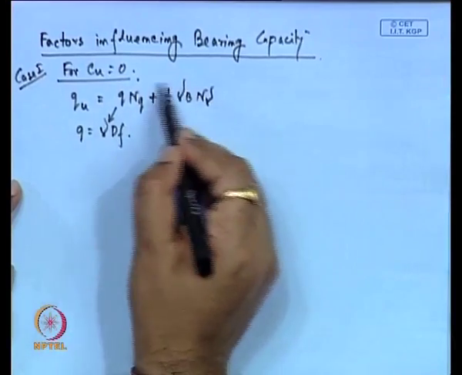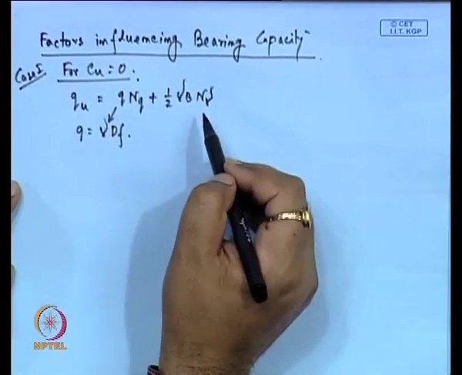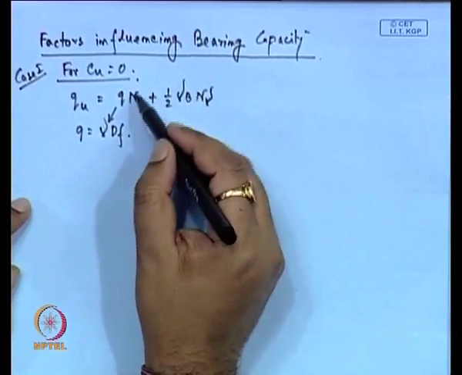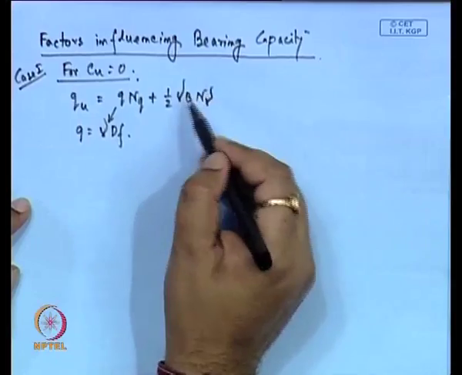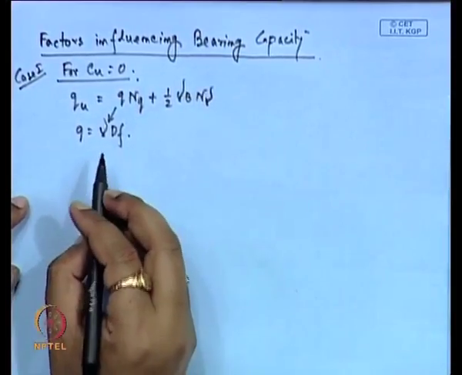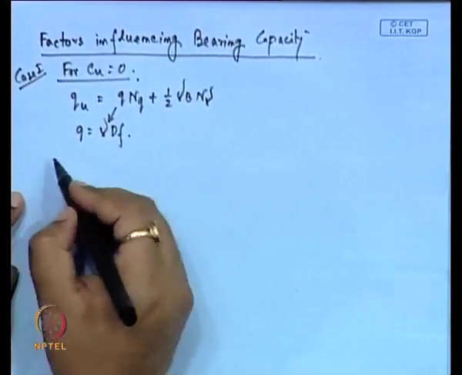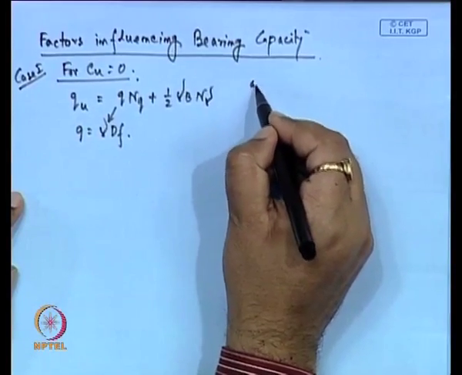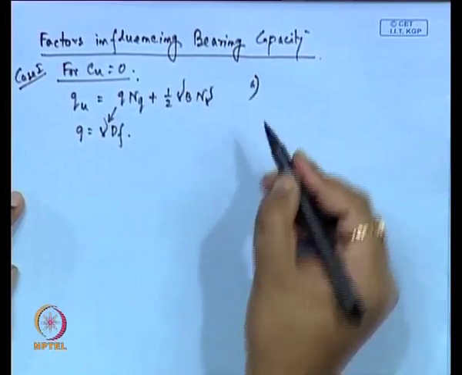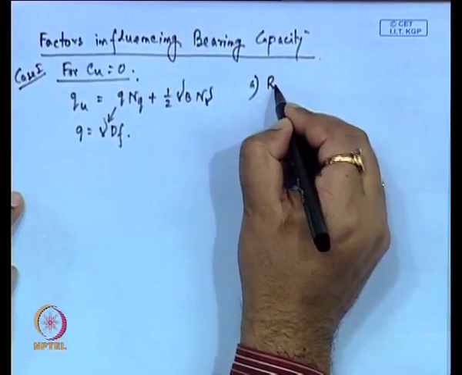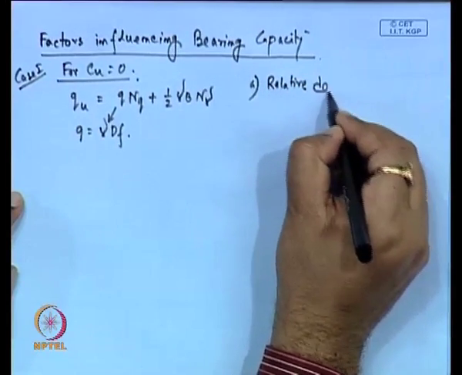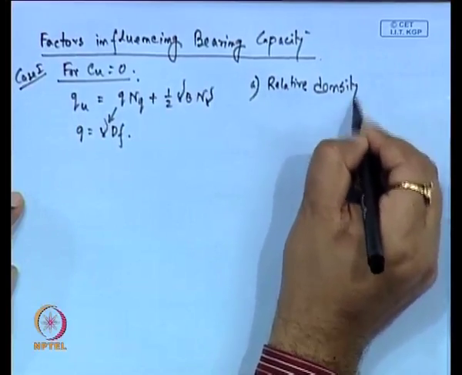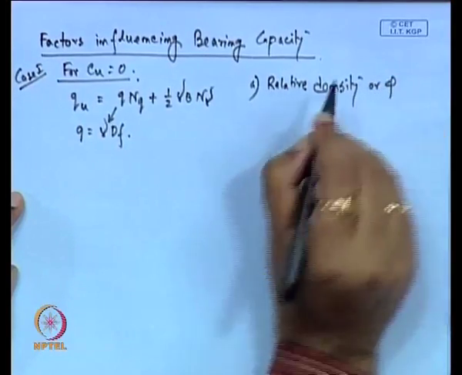Now, from these expressions we can say that these bearing capacity factors Nq and N gamma depend on the phi value. So, the first influencing factor under this condition, for c equal to 0, is relative density or phi value.